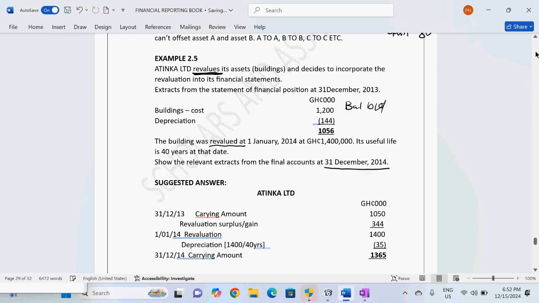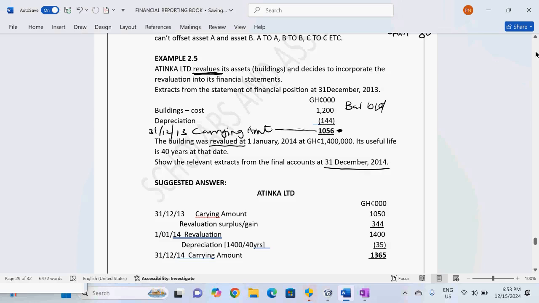That is this amount. They are saying the cost less depreciation gives you this carrying amount as at 31st December 2013. They've given you the carrying amount.